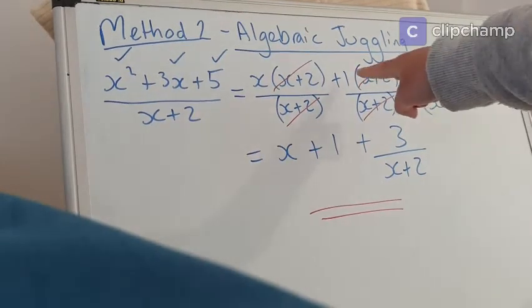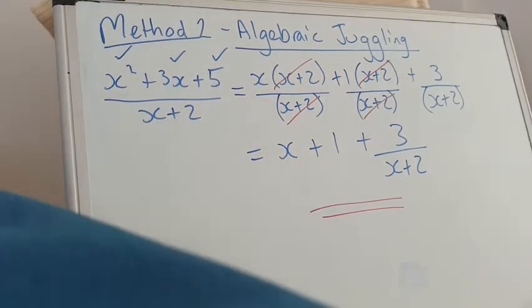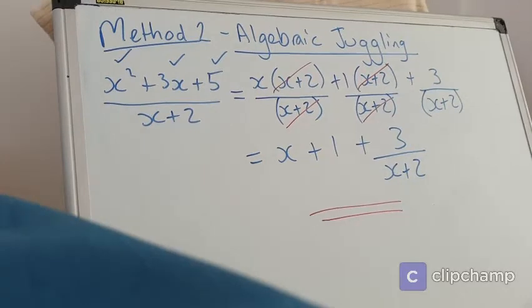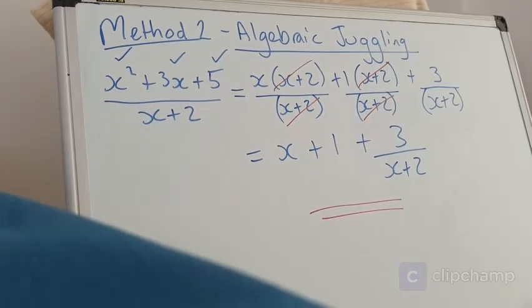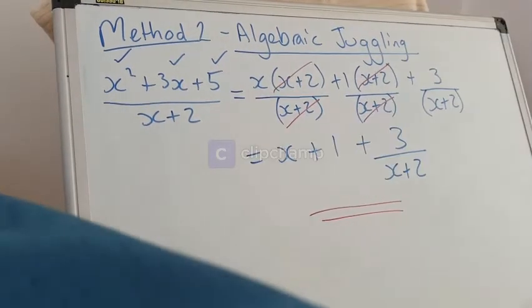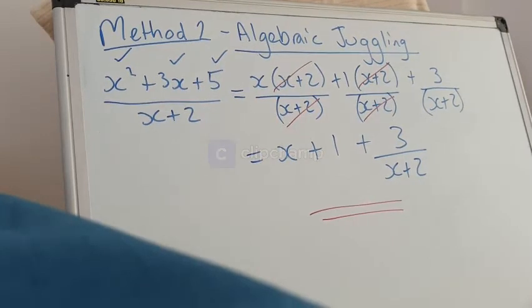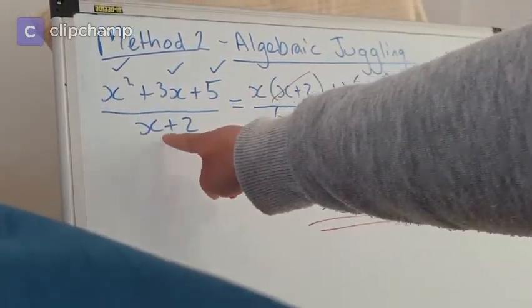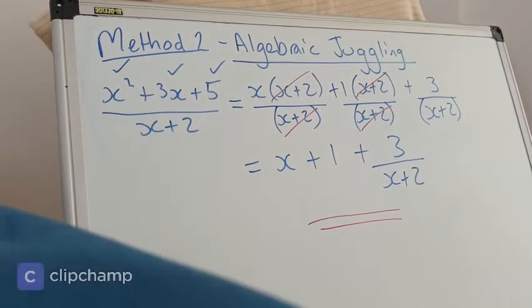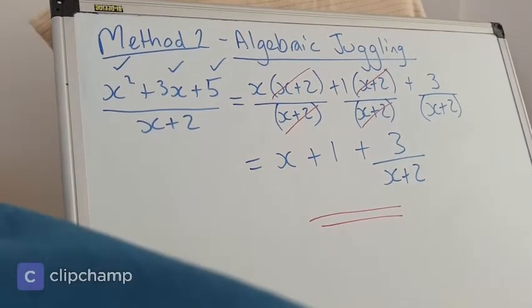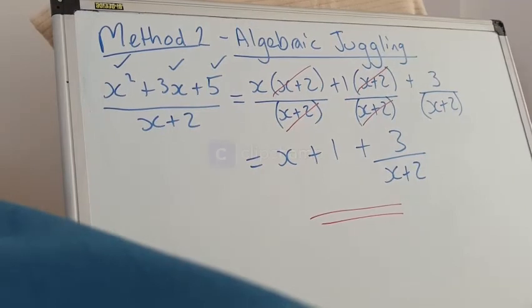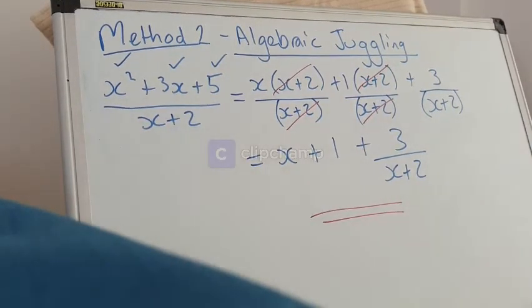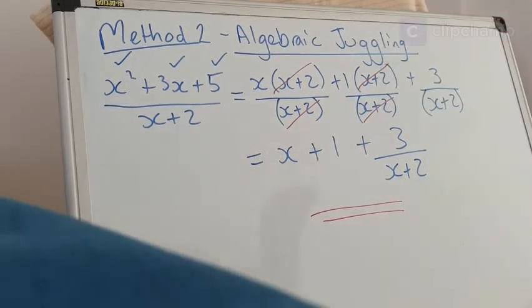When I multiply it by 1, it gives me the extra x to make it up to 3x, which is fine. My final term that I'm trying to get is plus 5. To get a constant, we can't use the denominator this time because it has an x squared. We would be tempted to just put plus 5 at the end and still divide through by the denominator to keep the equation balanced.